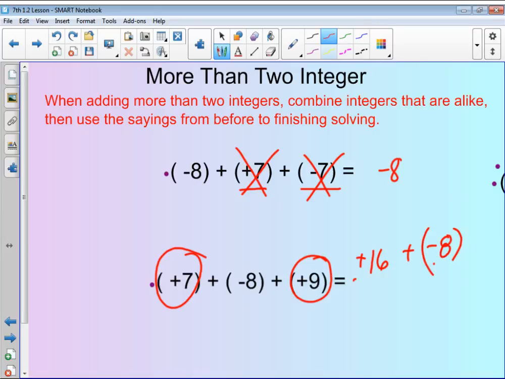So that second step is always going to be to find the difference. So the difference between 16 and 8 is like saying 16 minus 8, or whatever the larger digit is. So 16 minus 8 is going to give me 8. Different symbols, find the difference, apply the larger sign. So when I look at these, the larger digit was 16. It had a positive sign, so positive.